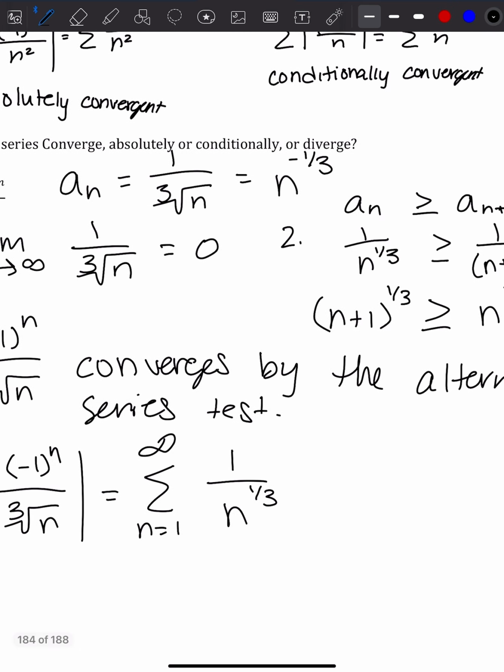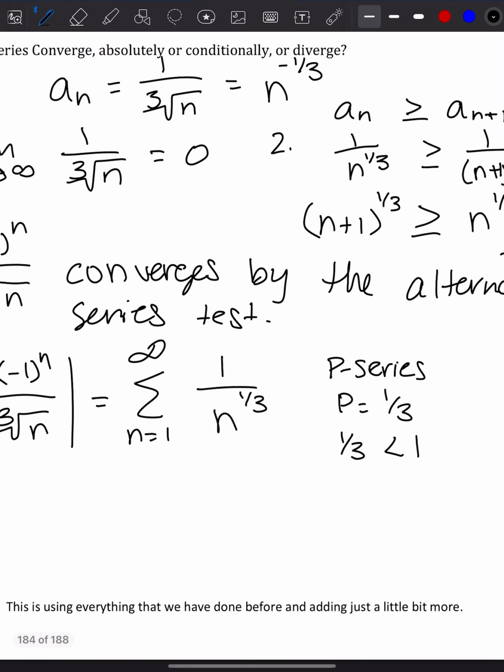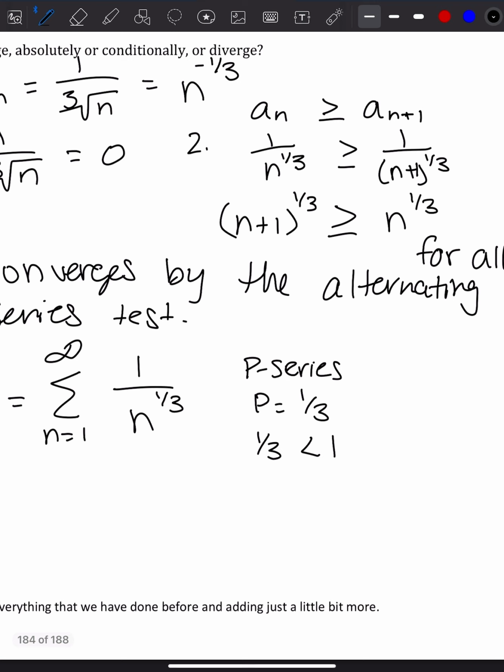When we look at this, we have to notice that it's a p series, where p is equal to 1/3. 1/3 is less than 1, and because it's less than 1, we know that this diverges. So it diverges by the p series test.